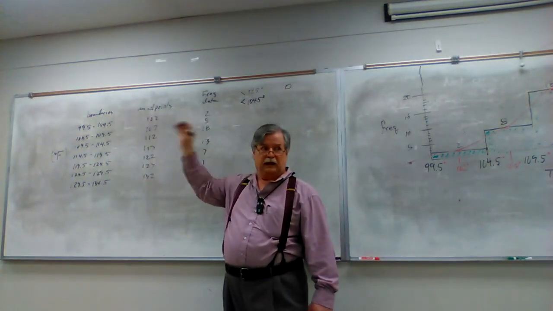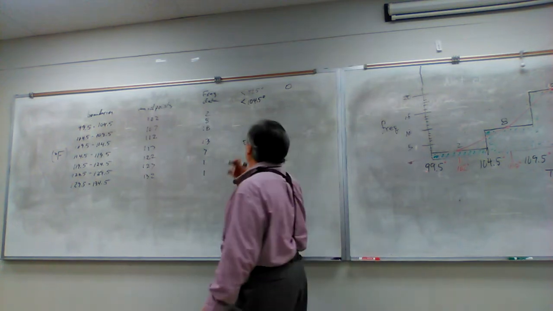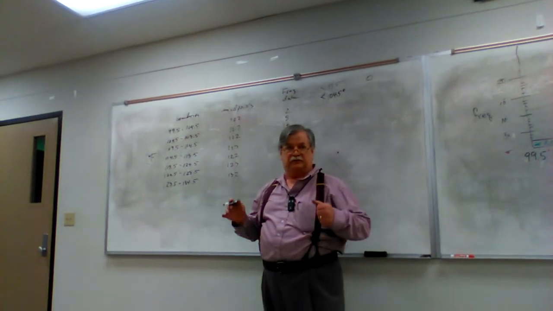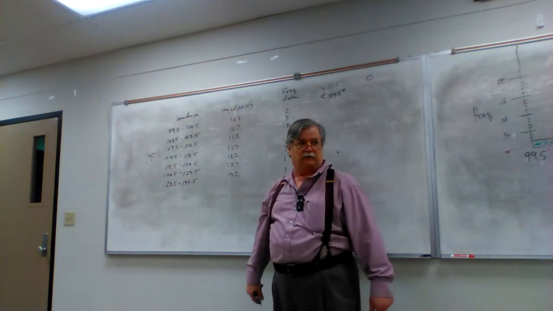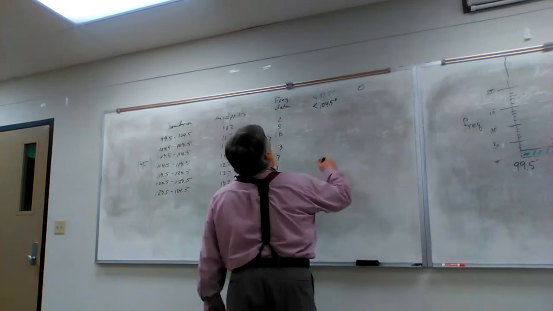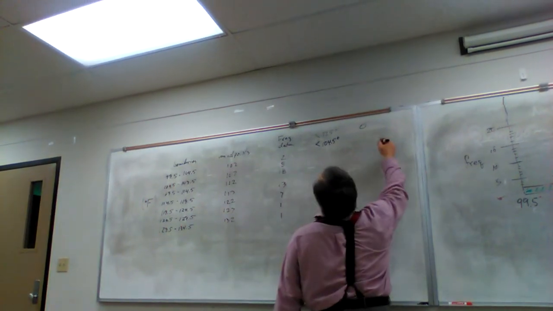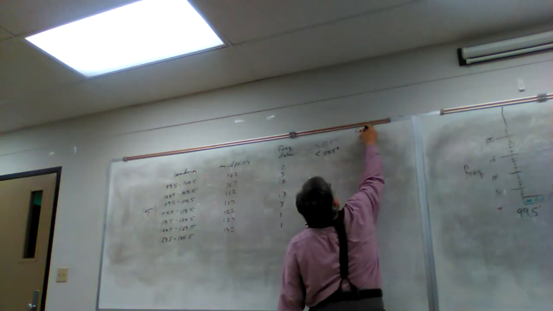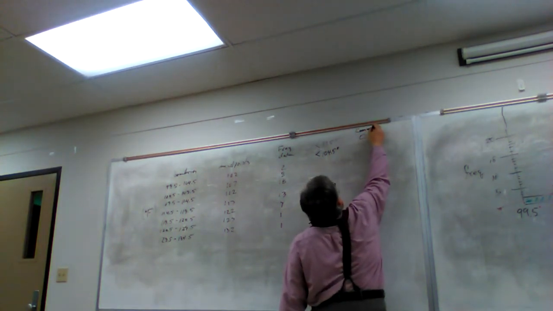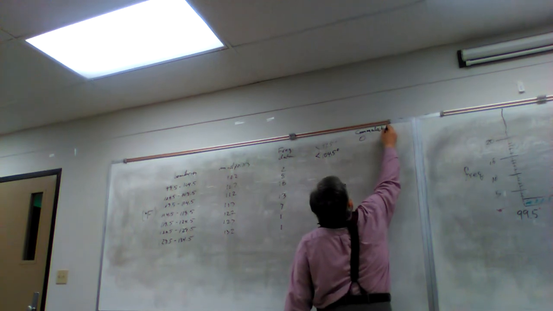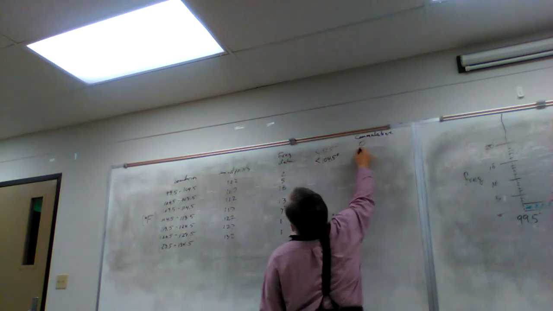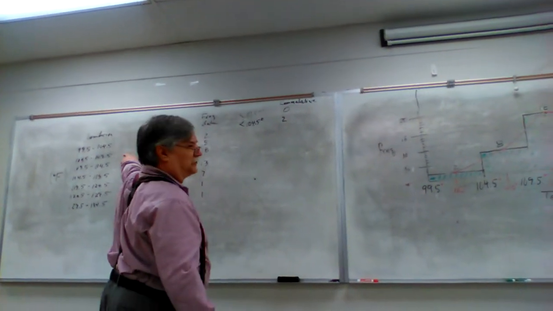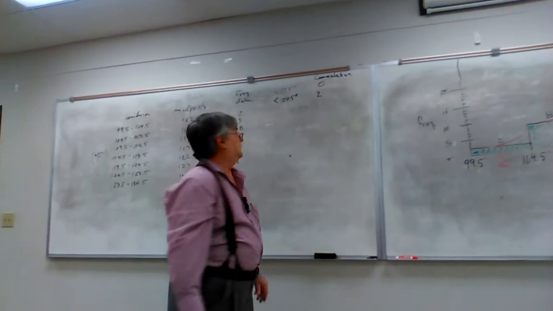It will be less than 104.5 because it would have been rounded to fit within the class boundaries before we started tabulating the frequencies. And as long as we're less than that, then we have a cumulative frequency of 2. In all of our data, 2 of them are less than 104.5.